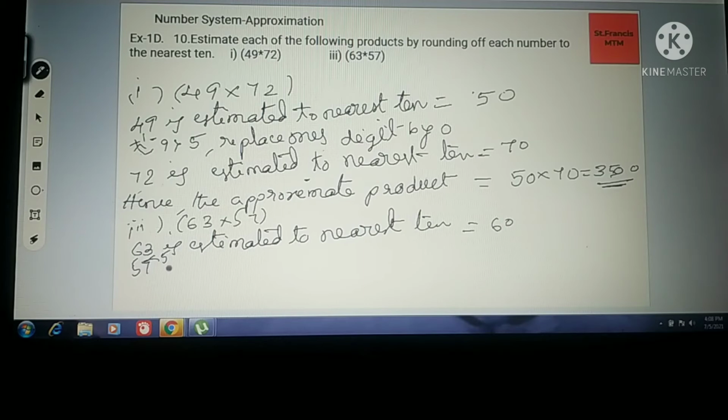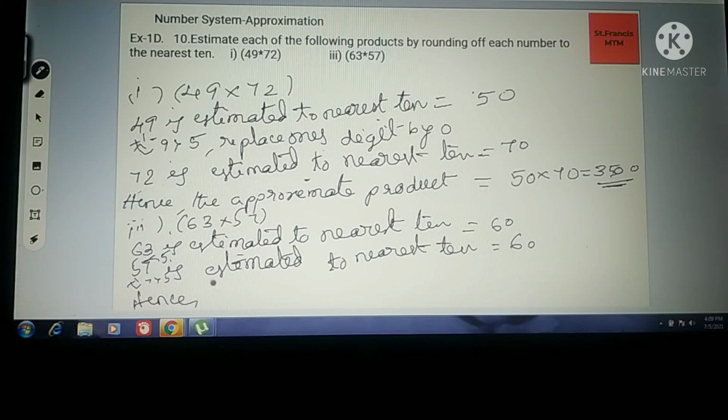And now the next number is which one? 57. 57 is estimated to the nearest 10. So here clearly 7 is greater than 5. So you have to add 1 to the tens digit. What you get here? 60. Now write down the final answer.